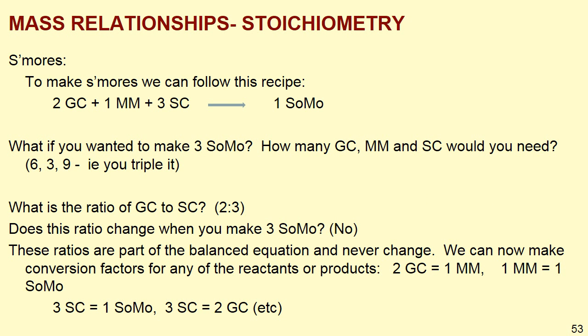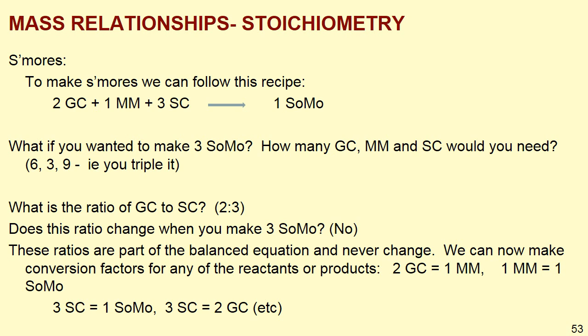All right, this is a little bit of a change of pace. Mass relationships, stoichiometry. We're actually not going to cover this to the extent of the slide. So as I go along, I'll tell you which slides you can ignore. But I do want you to get just the general gist of mass relationships.